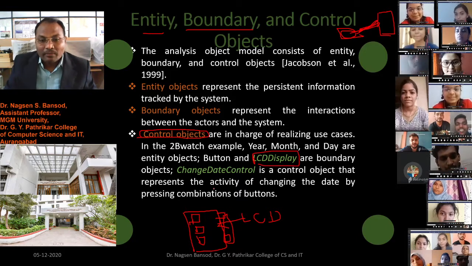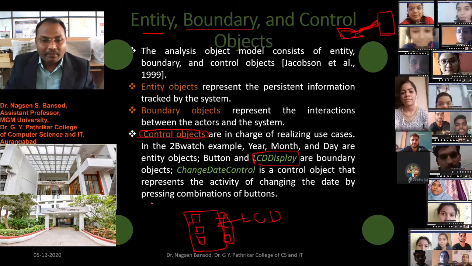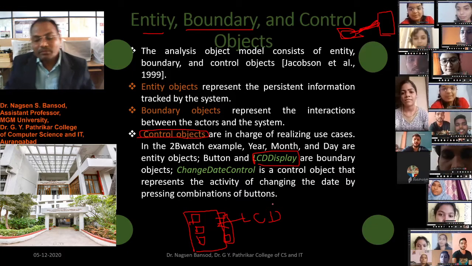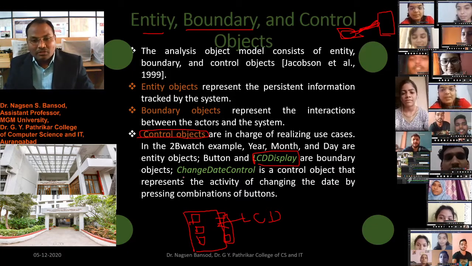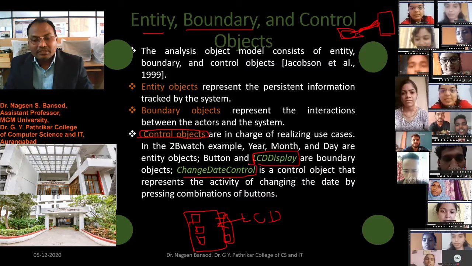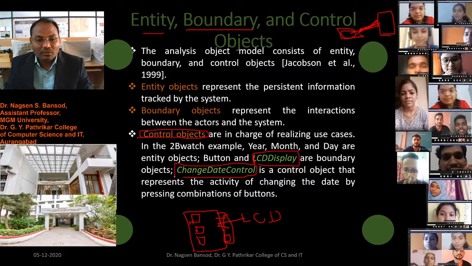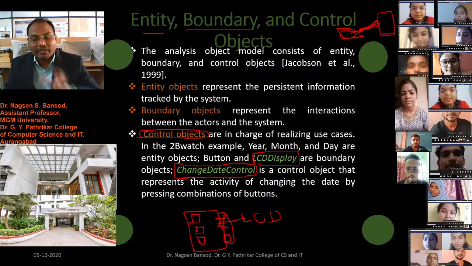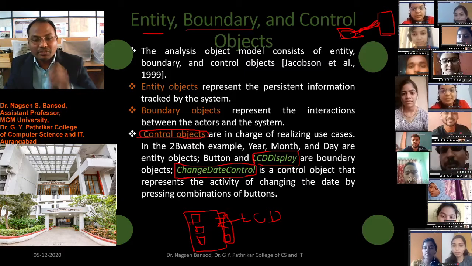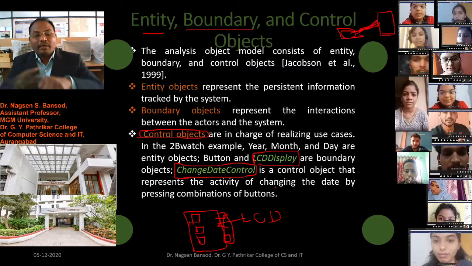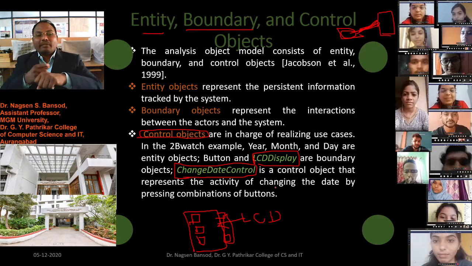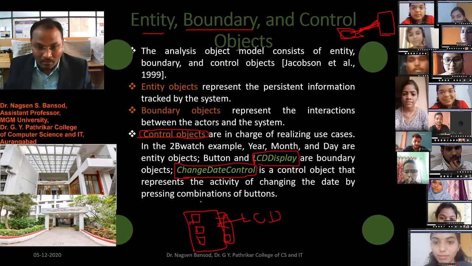This is the activity, changing the date, pressing combinations of the buttons. Change date control is the function of the control object, we can say control object is the change date control. To make changes to the time, we have to press the button.